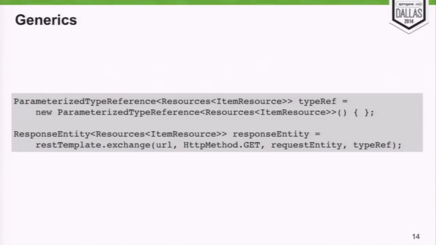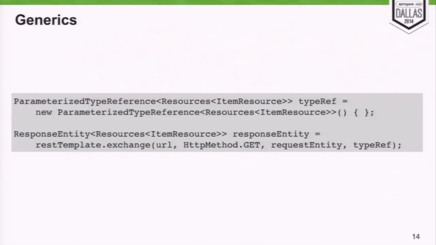Because of Java's type erasure, you have to have a way to hold on to that underlying type. There's a blog post about it called Super Types. I recommend looking into it if you're interested. But basically, the way that we work around this in RestTemplate is through the use of this parameterized type reference.